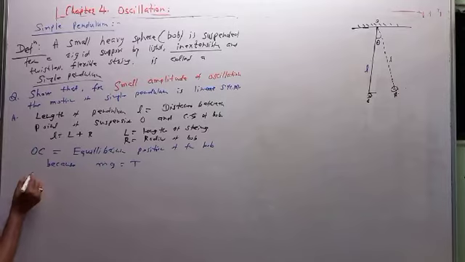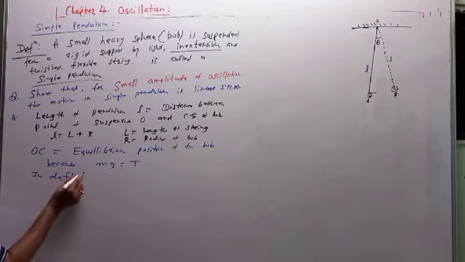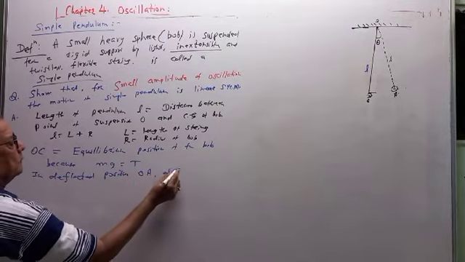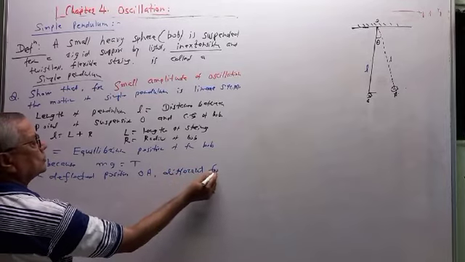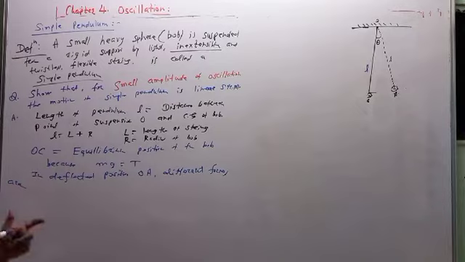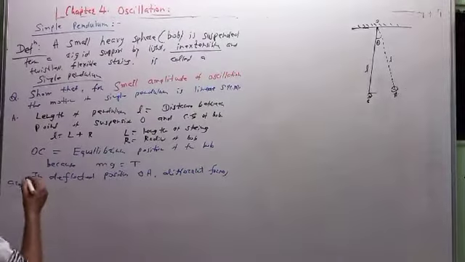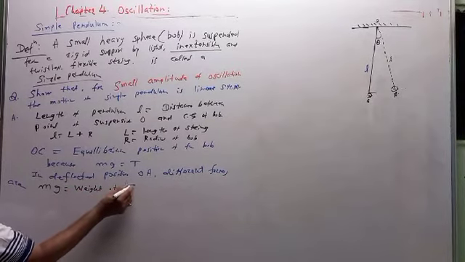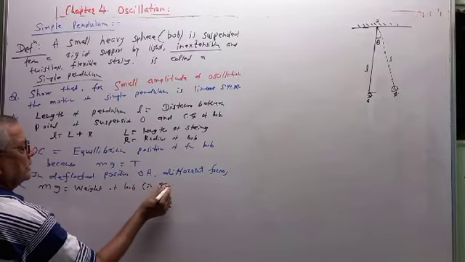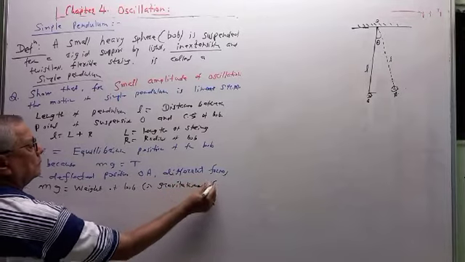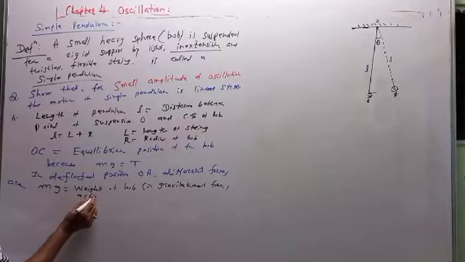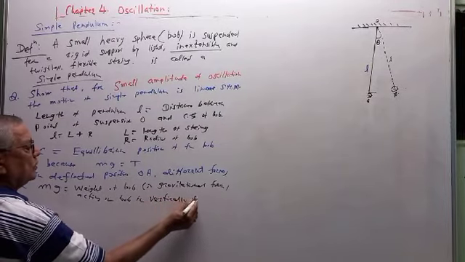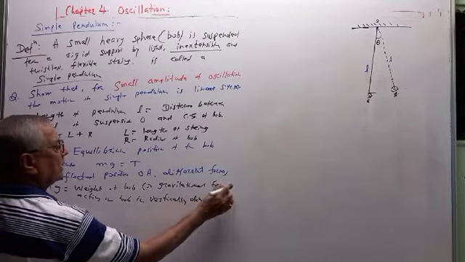Now what will happen in deflected position? In deflected position OA, the different forces are, if m is the mass of the bob, then mg is equal to the weight of the bob, that is the gravitational force acting on the bob in vertically downward direction.